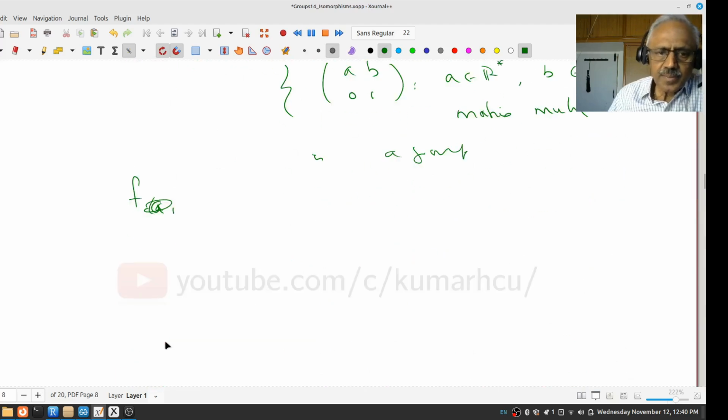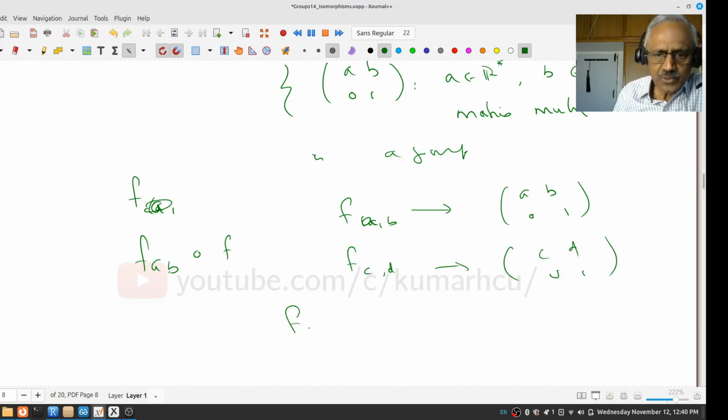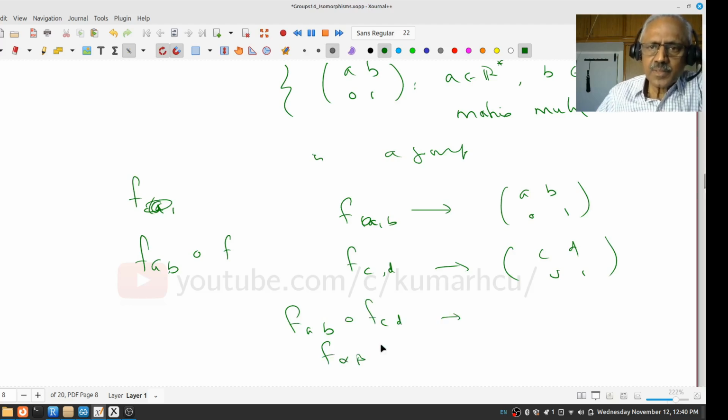Suppose f_{a,b} I send to the matrix [[a, b],[0, 1]], and f_{c,d} I send to the matrix [[c, d],[0, 1]]. Then look at the composition f_{a,b} composed with f_{c,d}; that will be f_{alpha,beta}. But what is alpha, beta?